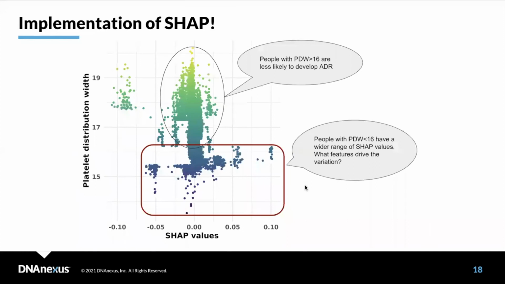Moreover, we also looked at this biphasic distribution and thought about how people with higher platelet counts are less likely to develop ADR, thinking about things in the other direction, whereas people with a baseline low platelet count have a wider range of SHAP values. Now, as we've shown, some of these folks have drug-induced low counts.